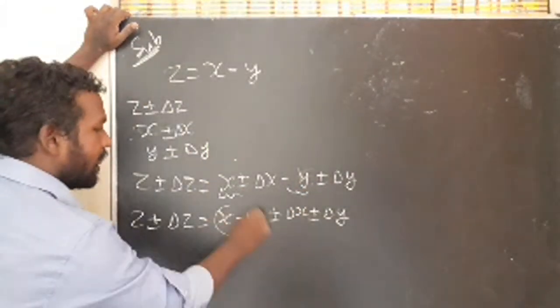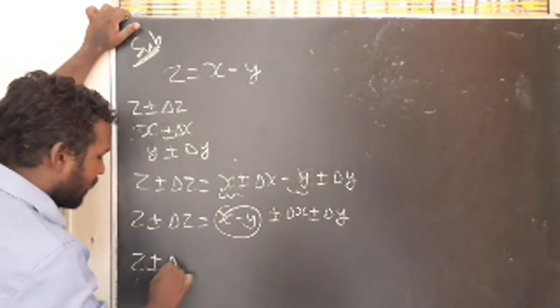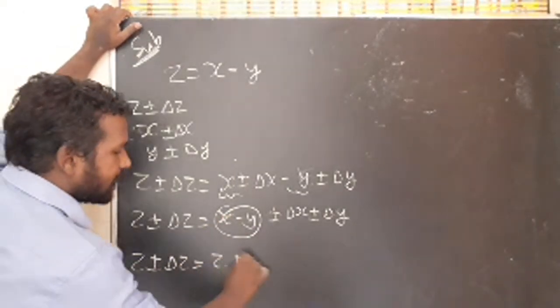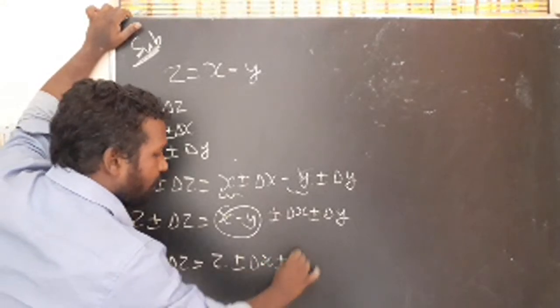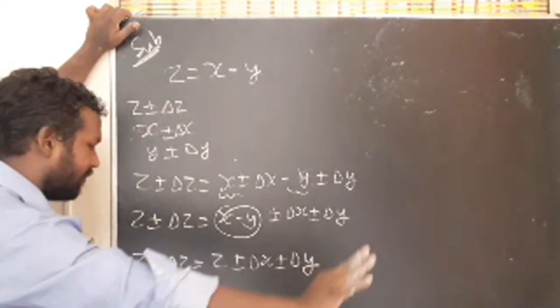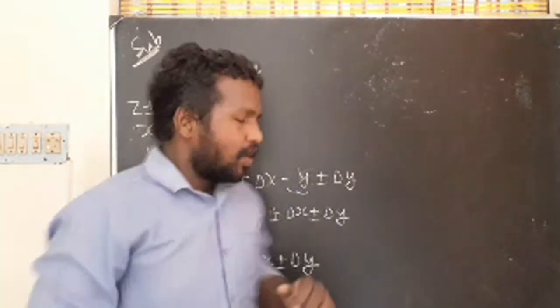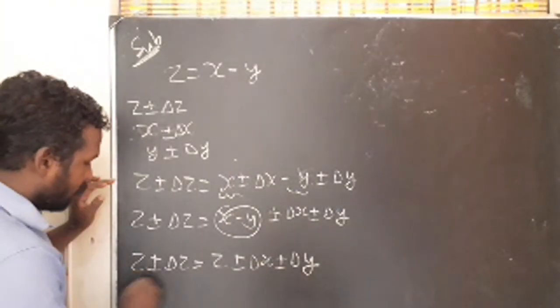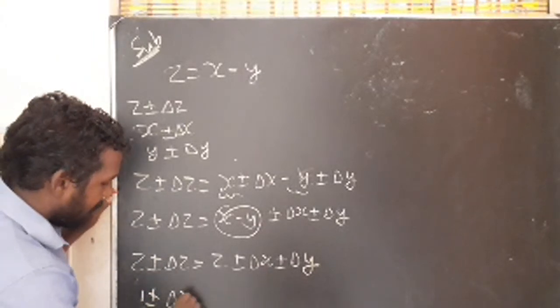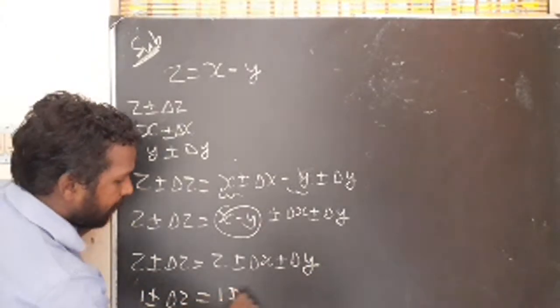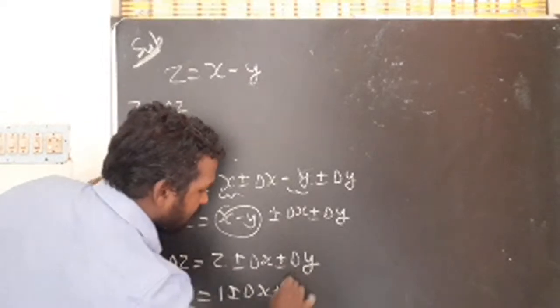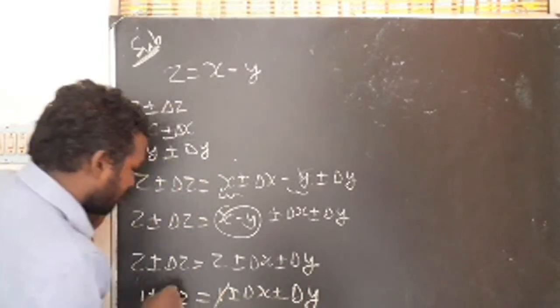This is z plus or minus del x plus or minus del y. Then the whole equation is divided by z, that is called the mean value, or true value. So when we are dividing, it is going to be 1 plus or minus del z by z is equal to 1 plus or minus del x plus or minus del y, so the 1 gets cancelled.